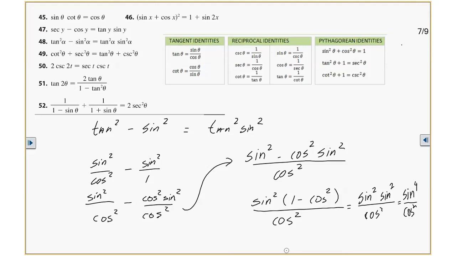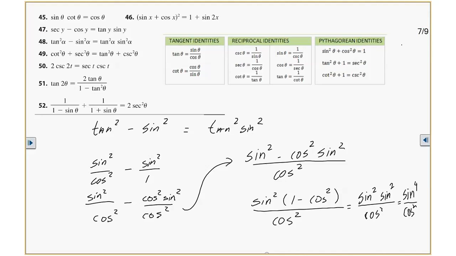Yeah, you can. So that would be tangent. And then 1 minus cosine squared is sine squared, and that's sine over cosine, which is tangent. But that still would not give us tangent sine squared, would it? I don't think it would.